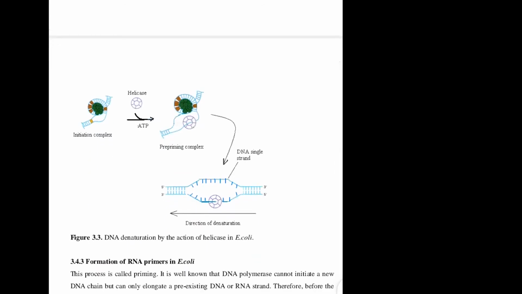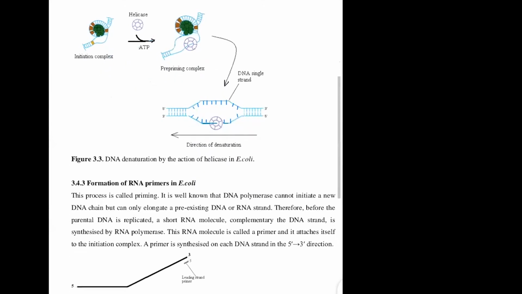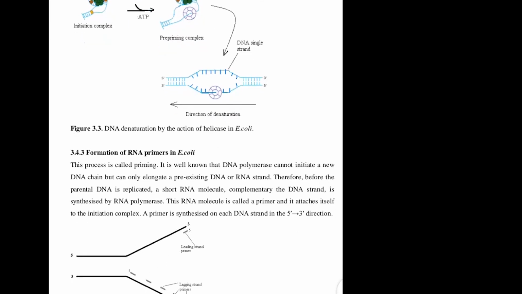So they are demonstrating what happens with helicase. Helicase is an enzyme, as you can see on the demonstration there. We've got our initiation complex, then helicase comes in, which needs ATP to remove the hydrogen bonds, and the two strands begin to form. So you can see the DNA single strands separated there, and they've put an arrow indicating the direction of denaturation.